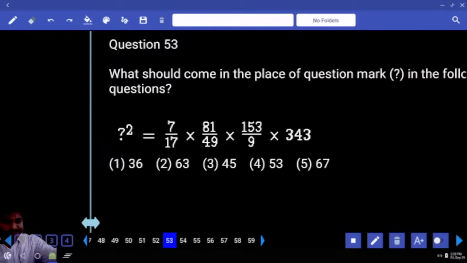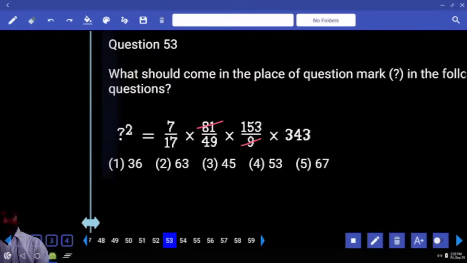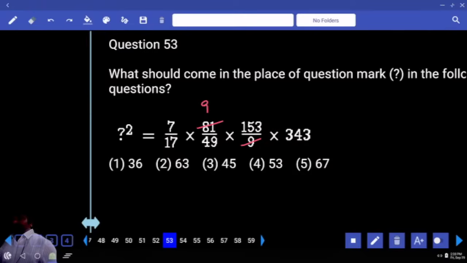Simple. 9 how many times? Look at the denominators. You have 17 and 49. Do you see any 9 multiples in the denominator? Any 3 multiples? Then your final answer should be a 3 multiple.